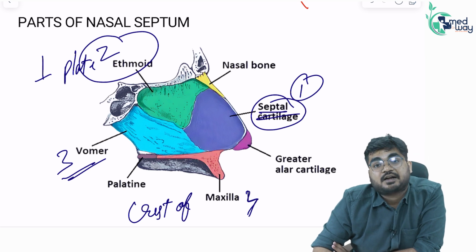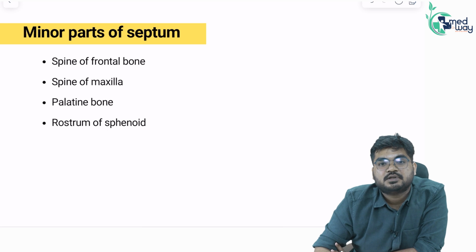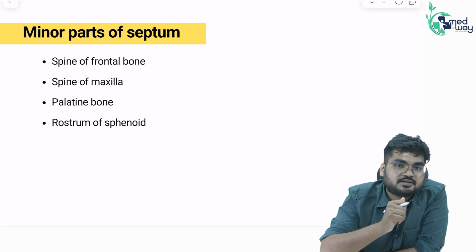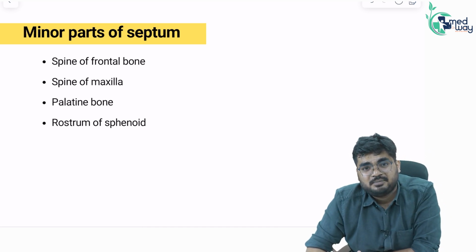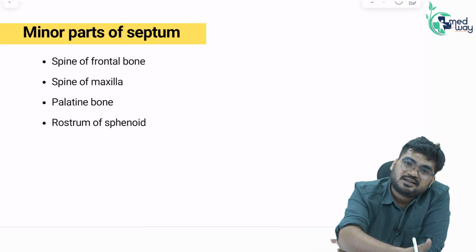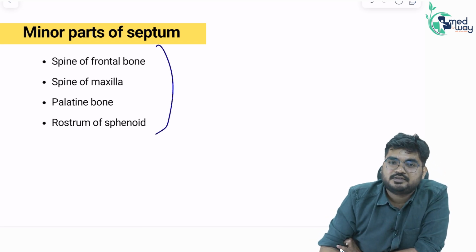Because what they ask right now is the minor parts of the nasal septum. NB feels that we are knowing major parts of the nasal septum. Actually, NB does not know that we are not even knowing the major parts, but they feel that we are knowing them, so better let us ask the minor parts of the nasal septum. So they ask minor parts of the nasal septum.